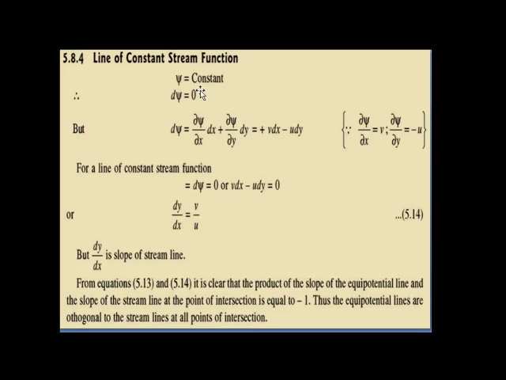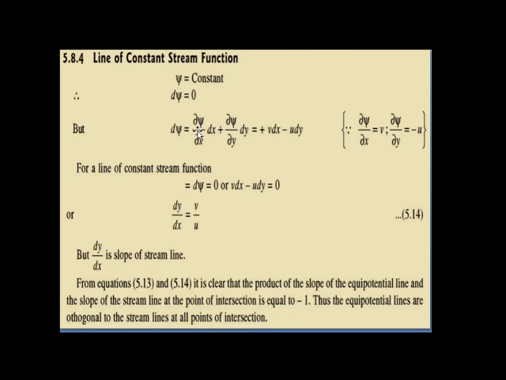The stream function is indicated by psi, so psi is equal to constant. The differentiation of psi must be equal to 0. Then we take the differentiation in terms of x and y.